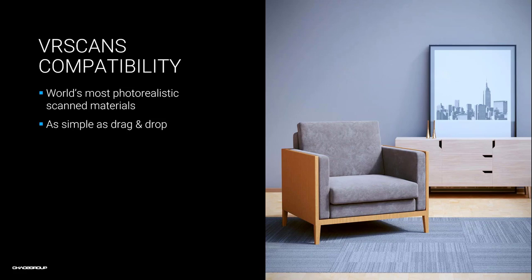And later on, this guarantees that the material will behave like it should under all kinds of lighting conditions. These materials are very easy to use, drag and drop. All of them are seamlessly tileable, and the library is being constantly updated. As far as I know, at the moment, it contains over 650 scanned materials. They are available for download on our website.